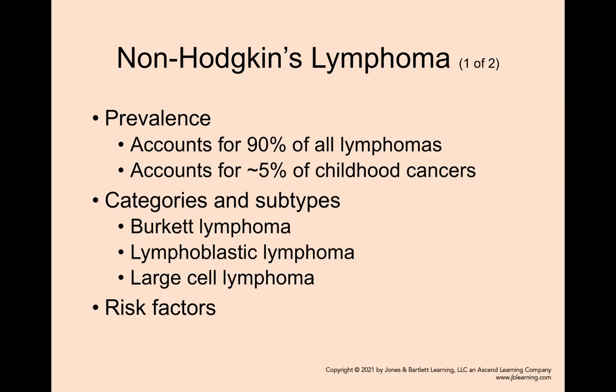This is typically a fast-growing lymphoma and includes the large B cells. It usually presents acutely and with B symptoms, and without treatment, death can usually occur within a few weeks.